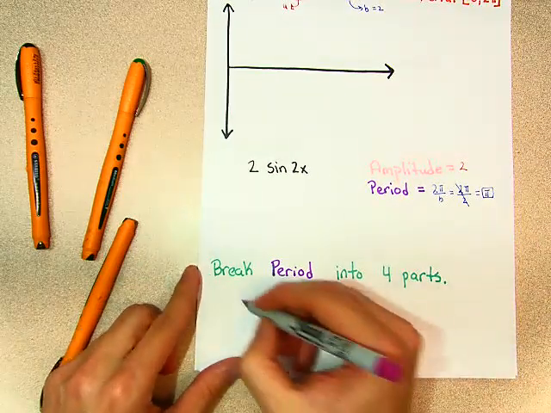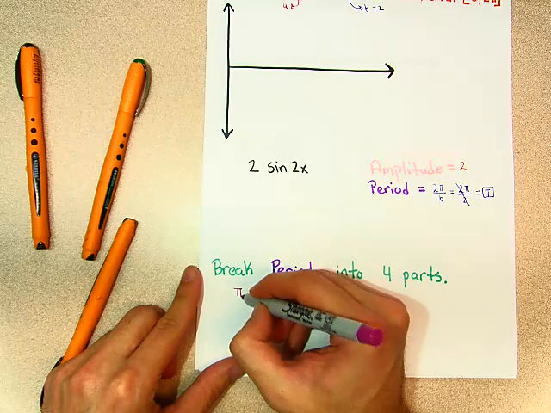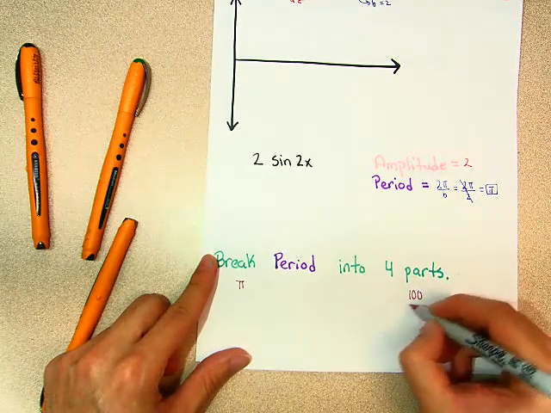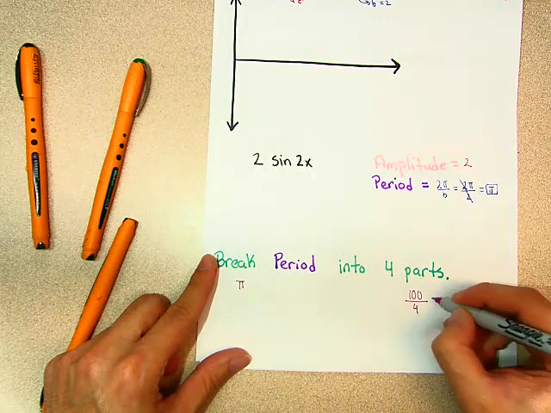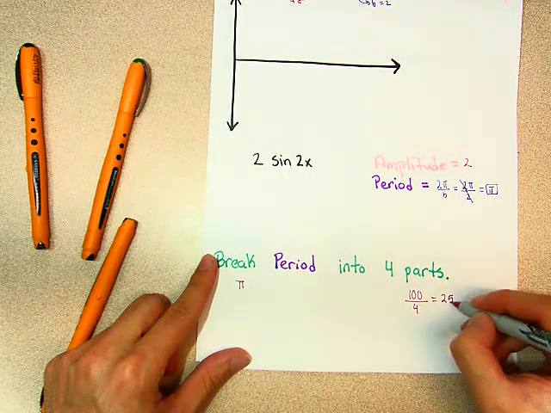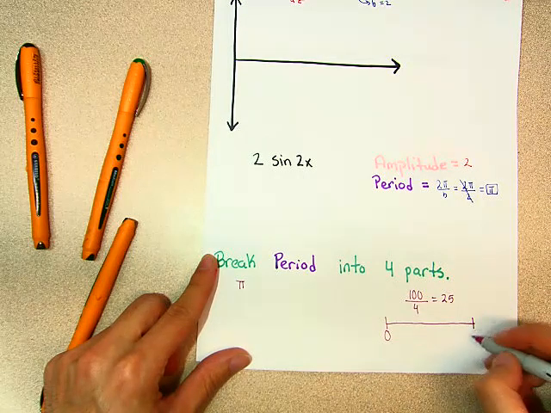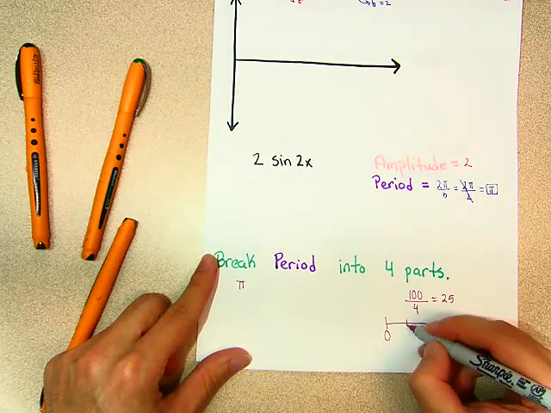So if I'm going to break pi into 4 parts, the same way we did it with the 100, right? This is always a nice example. If I say break 100 into 4 parts, well, it's 25, right? And then it's always what? 0 to 100. And the first part is 25, right?